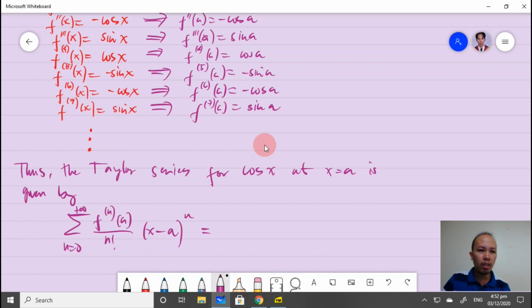Not x is equal to a, but at a. Let me check it first. I've checked it.